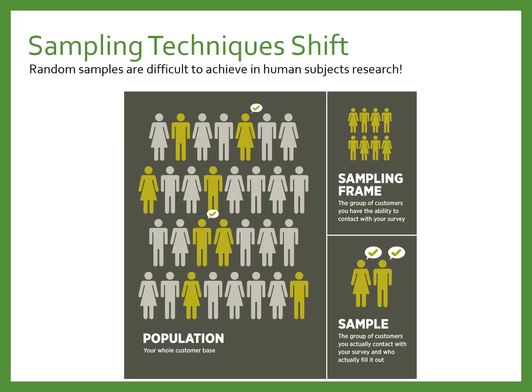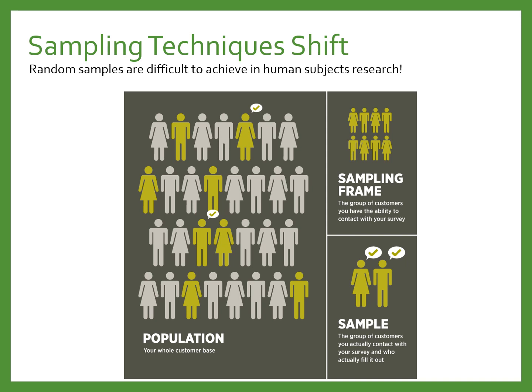So I want to end this video by reminding you that even if we start with a random sample, typically that sampling technique is going to shift, because in behavioral and social sciences research, our population of interest is typically people. And when you're studying people, ethically, if you remember from ethics, you have to rely on voluntary research participation. You can't force people to do it.